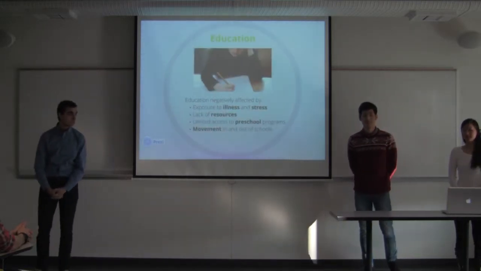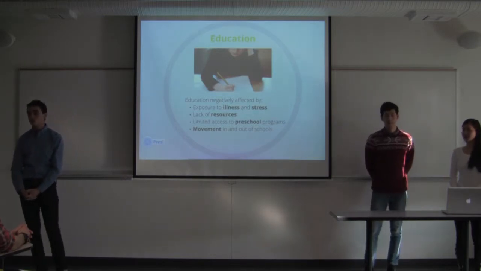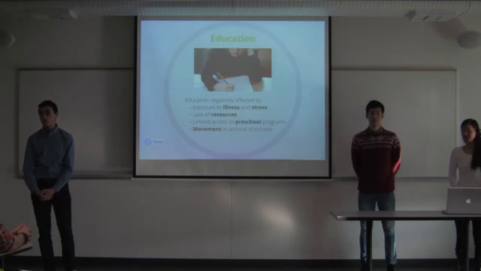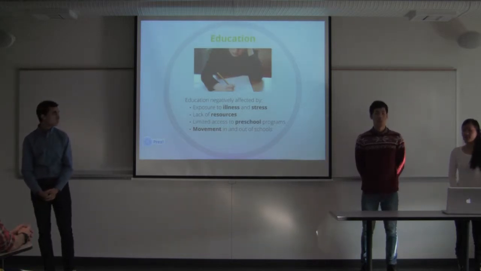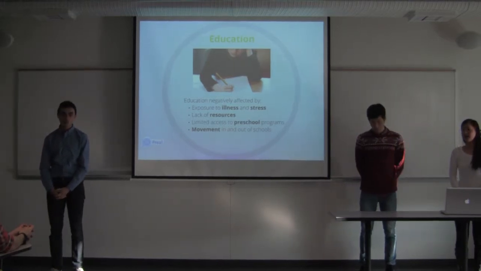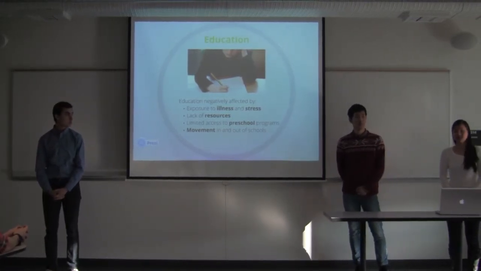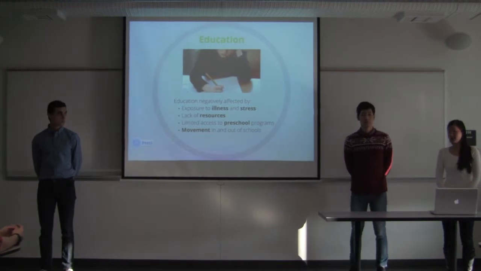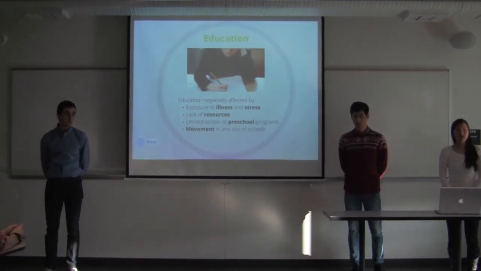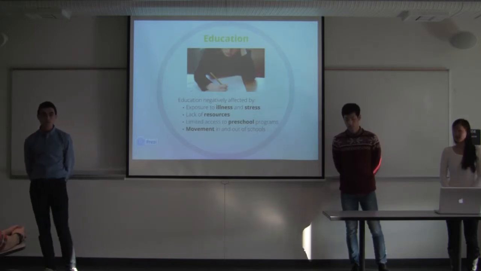So in addition to the connections between poverty, health, and nutrition, there is also a strong correlation between poverty and education. Our research has indicated a performance level gap between students from high-income and low-income families, and this is due to factors such as exposure to stress, perhaps poor health, lack of resources and access to preschool, and possible movement in and out of schools.